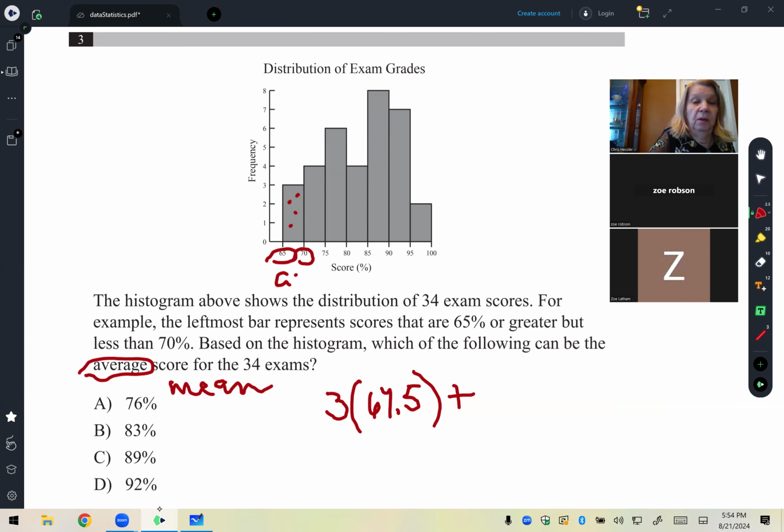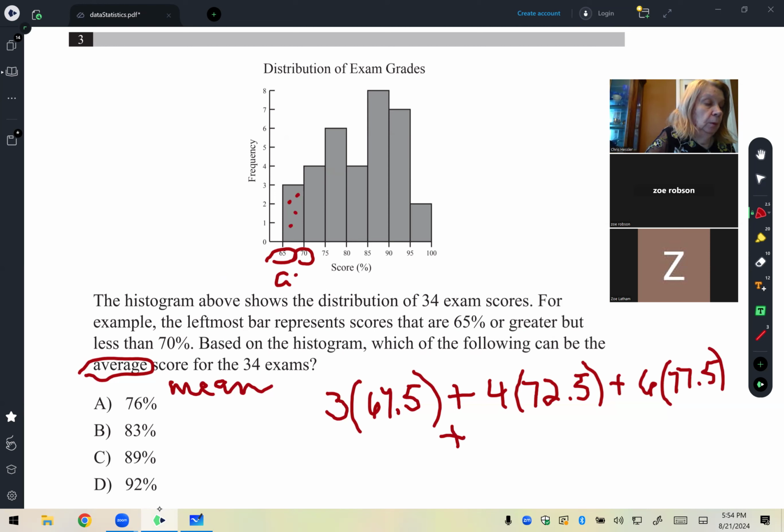And then there's going to be four numbers that are 72.5. And then six numbers, 77.5. Four numbers, 8 that are 87.5.